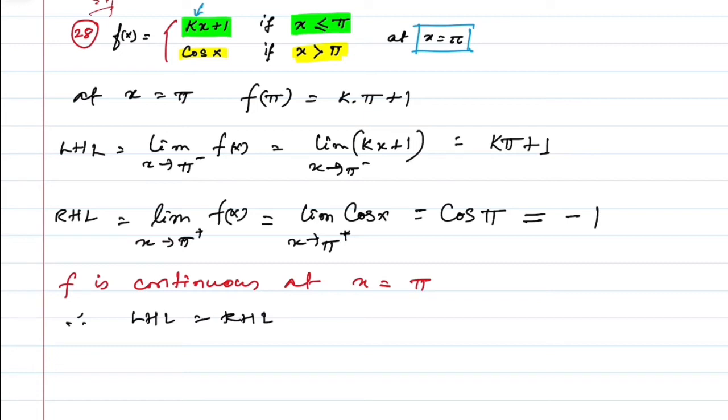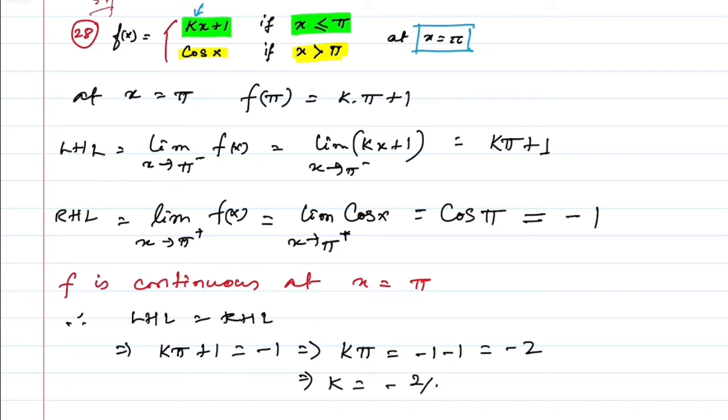So just write the left hand limit and right hand limit. k pi plus 1 is equal to minus 1, so k pi is equal to minus 2, so k is equal to minus 2 by pi. That's our answer. That's how we can solve question number 28.